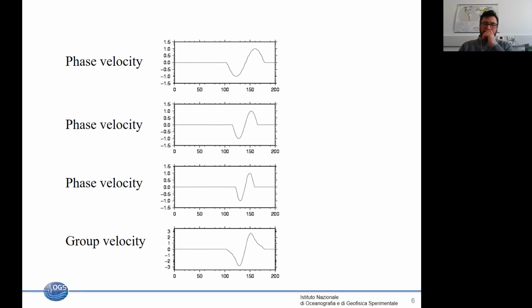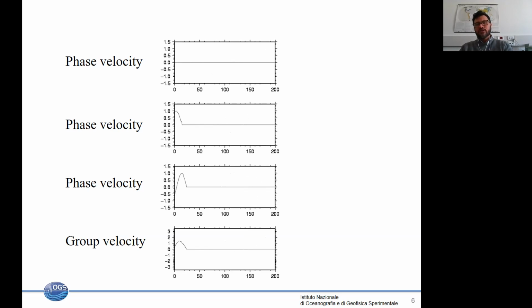On the very bottom panel, I report the summation of the 3 nearby frequencies. What you see from this small movie is that the lower frequency that is on the top is starting later. You can just wait here.